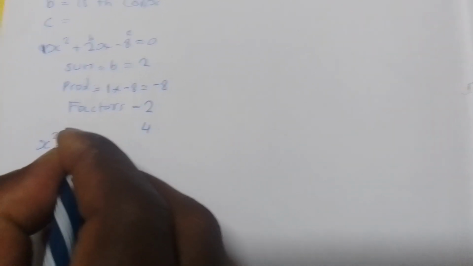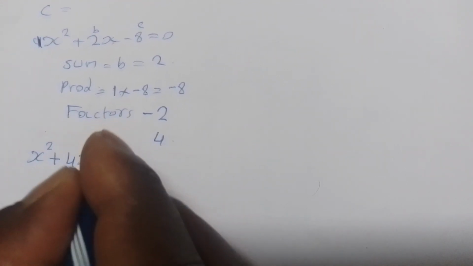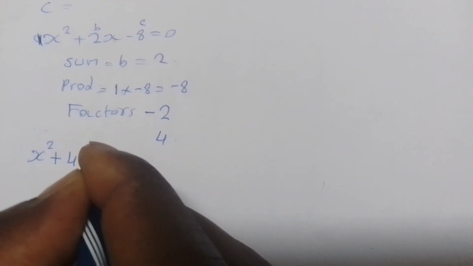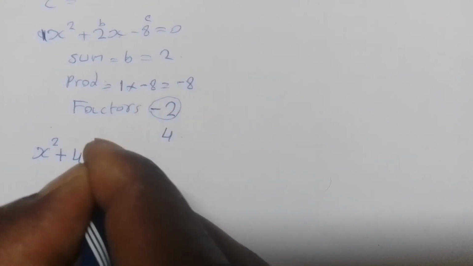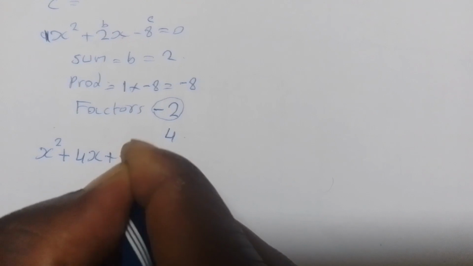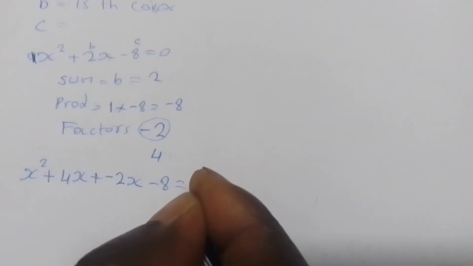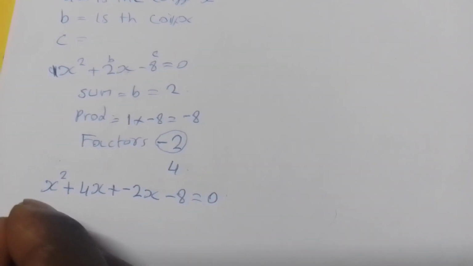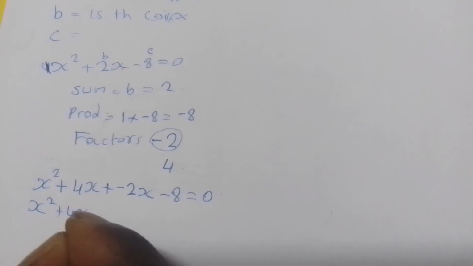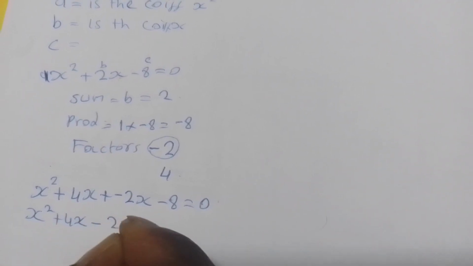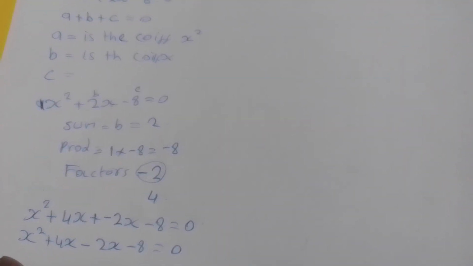So our equation will be x squared plus 4x plus negative 2x minus 8 is equal to 0. So x squared plus 4x minus 2x minus 8 is equal to 0.